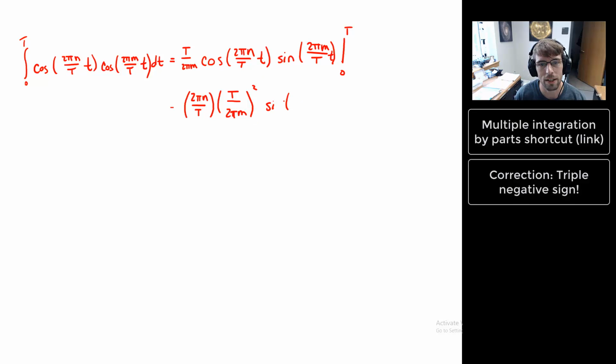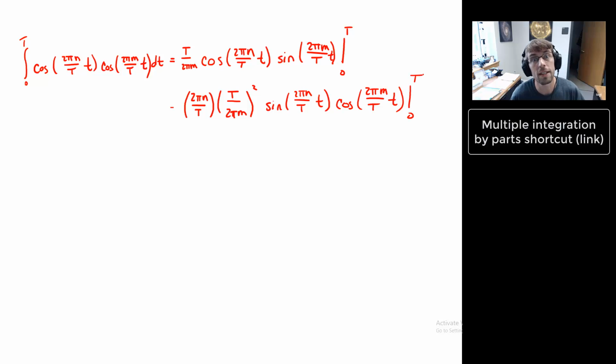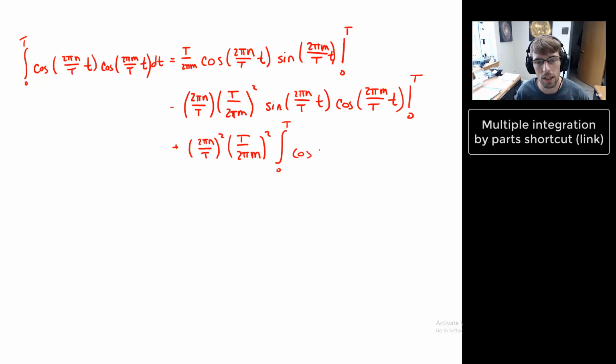And we have the sine of 2 pi n t over T, and this cosine of 2 pi m t over T. Again, that's evaluated from 0 to T. And then lastly, we have plus 2 pi n over T squared, T over 2 pi m squared, and the integral from 0 to T of cosine 2 pi n t over T, cosine of 2 pi m t over T.